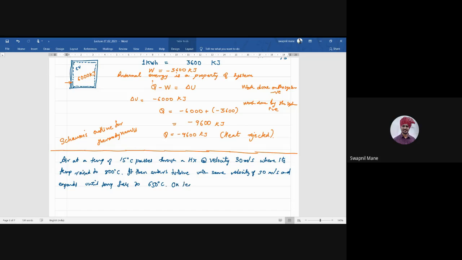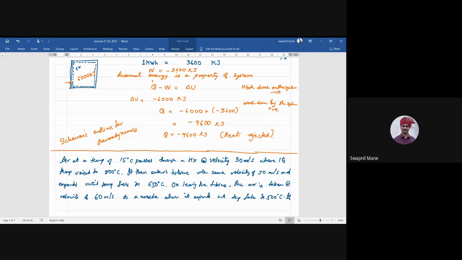Okay. On leaving the turbine, the air is taken at a velocity of 60 meter per second to a nozzle, where it expands until the temperature falls to 500 degrees Celsius.